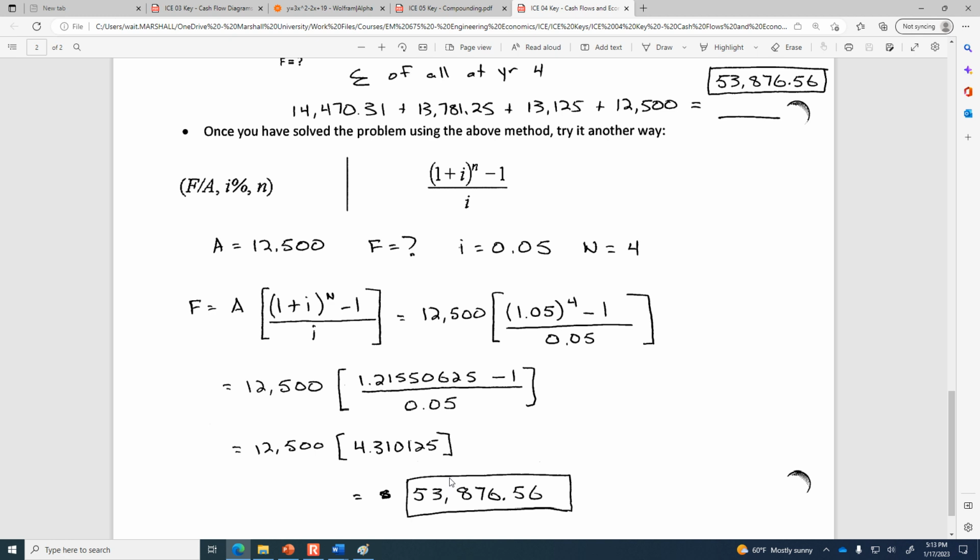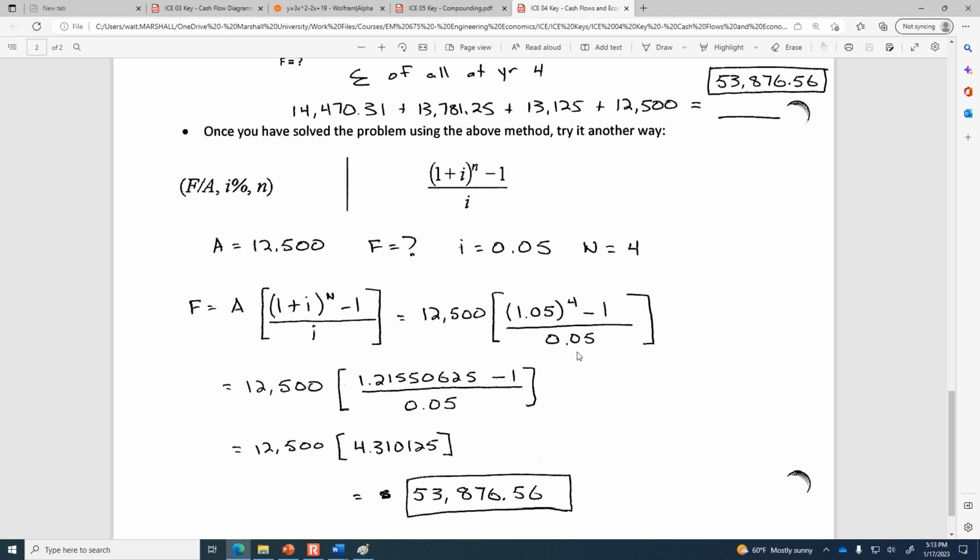So there's a gap between the present, which is what you're solving for, and the beginning of the annual series. But here, the end of the annual series is at the same instant as the future. That's why we can use this formula and get the same amount either way.